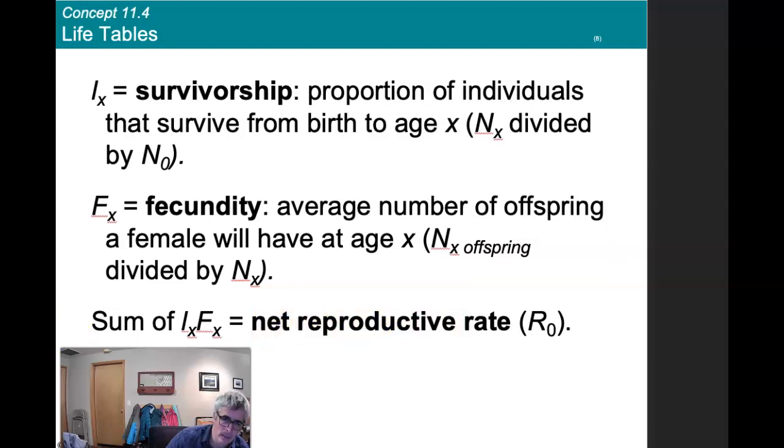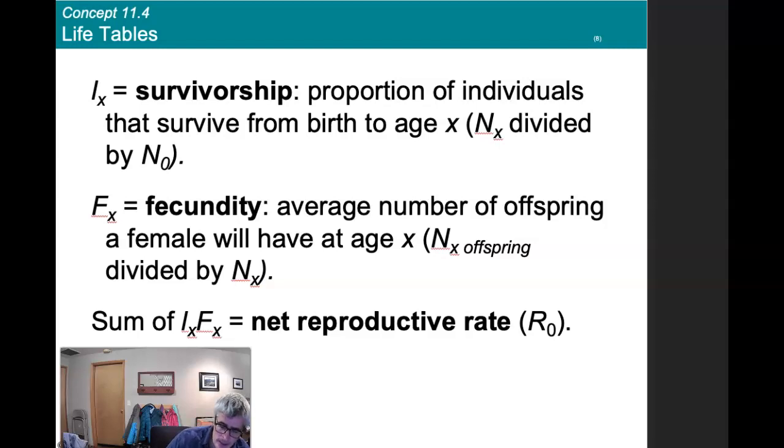What's the net reproductive rate for that generation? For that cohort. As a net, are they producing more offspring than it took to create them, or as a net, are they making fewer offspring than they started out with? So, in the example of barnacles that start off with 1 million, if through that life table they only produced 500,000 offspring, they would have a net decrease, a net negative reproductive rate.